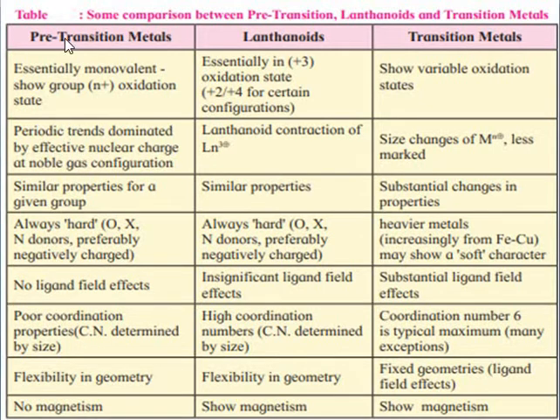These are the pre-transition elements, the s-block elements. The lanthanoids are present between the s and d block elements, and these are the transition elements. They also show similar properties for the given group, and in the case of the transition metals there are substantial changes in the properties.